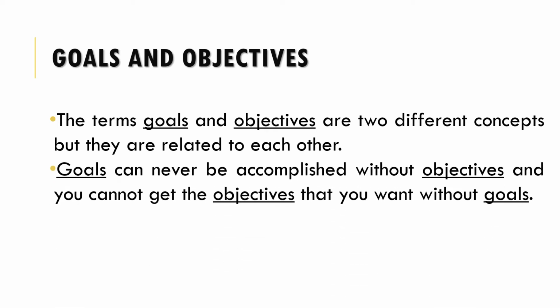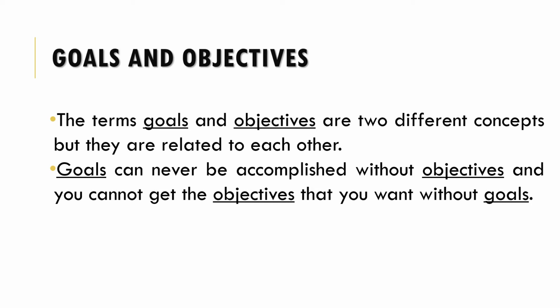Goals and objectives are very important, most especially when you want to achieve something for the students in any classroom activities. Goals can never be accomplished without objectives, and you cannot get the objectives that you want without goals. Meaning to say, they have different concepts, but they are related to each other.